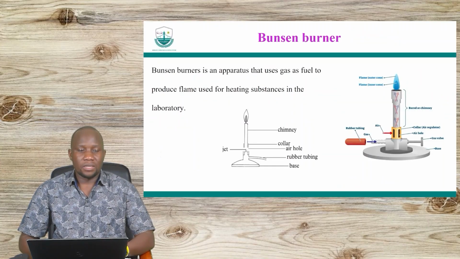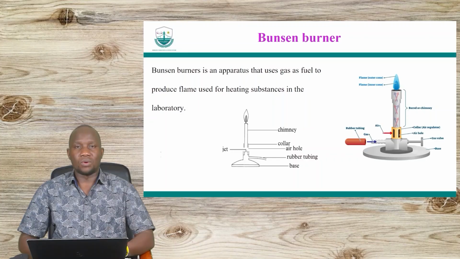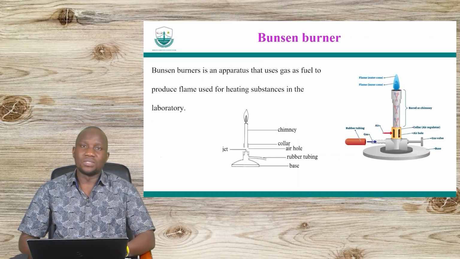So actually, the word Bunsen is a person's name. The person who discovered it is called Bunsen. The Bunsen burner is commonly used in providing flames for heating substances in the lab.